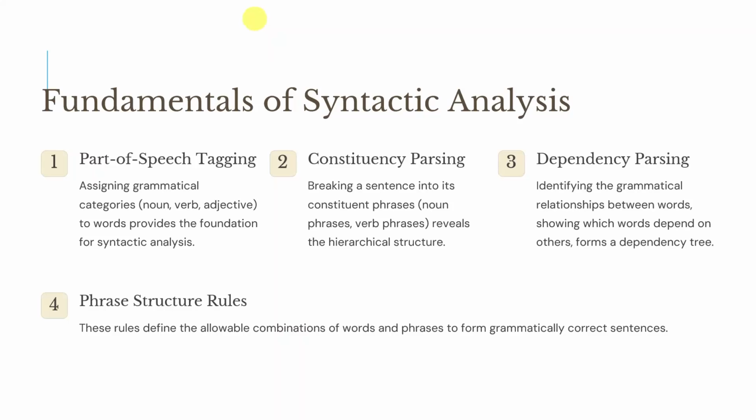Also, phrase structure rules define the combination of words and phrases to form grammatically correct sentences. For example, where I have to add a word, where I have to remove a word, and in which position I have to consider an adjective, pronoun, verb, all that will be implemented by using the phrase structure rules.